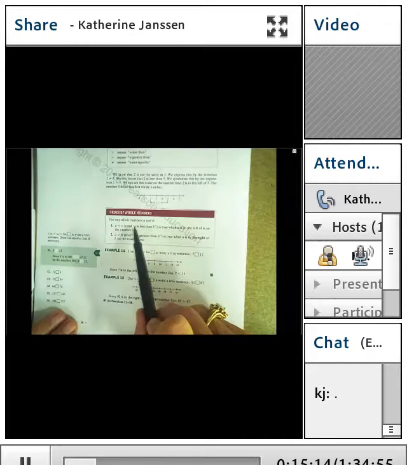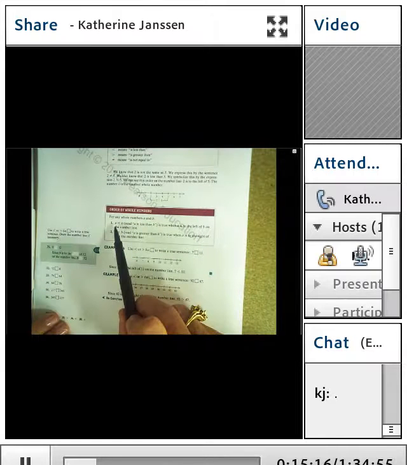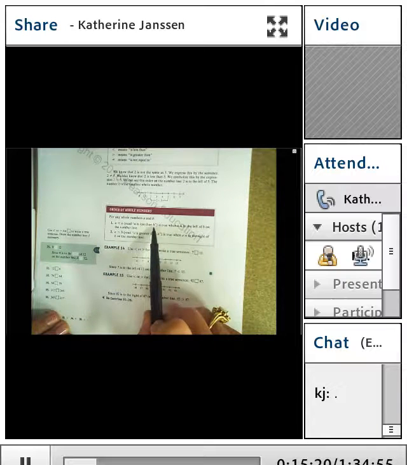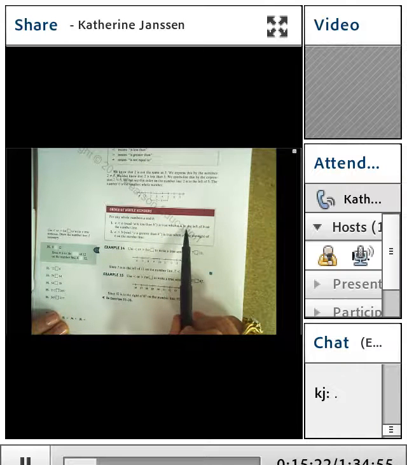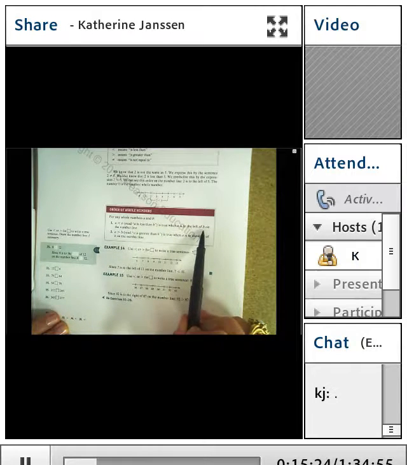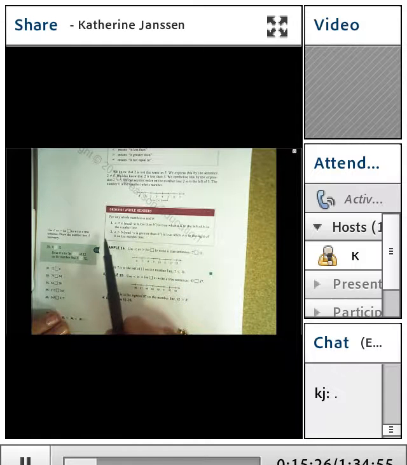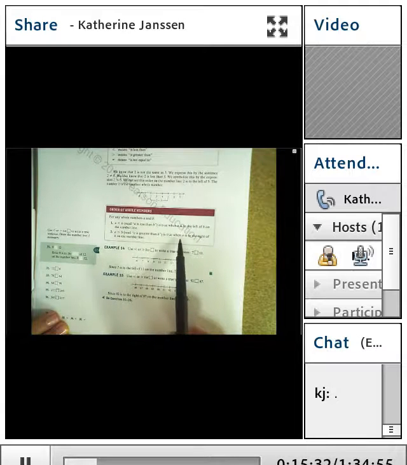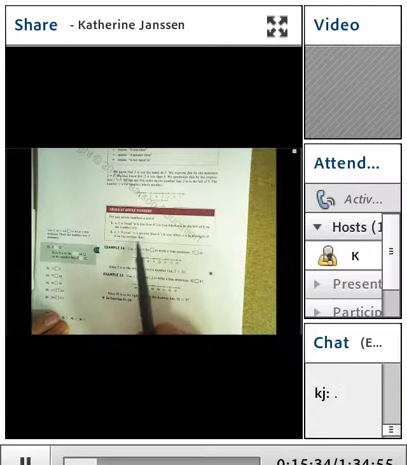For any whole numbers A and B, A is less than B is true when A is to the left of B on the number line. A is greater than B is true when A is to the right of B on the number line.